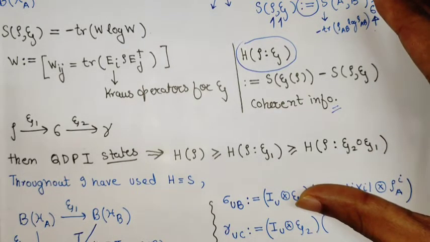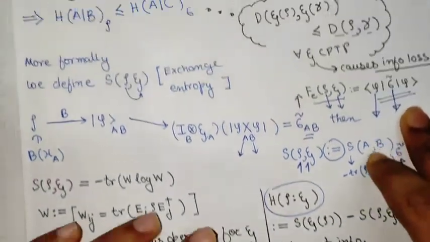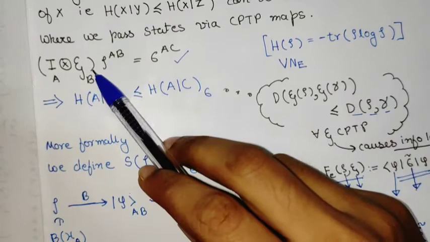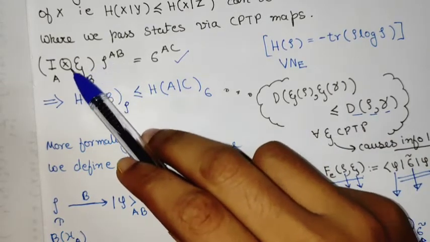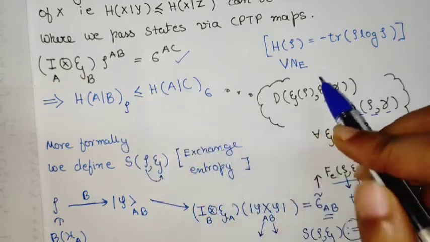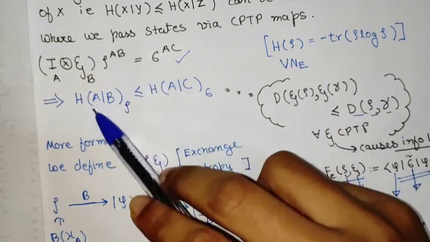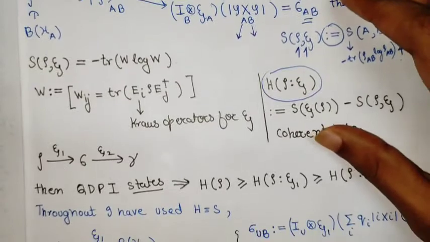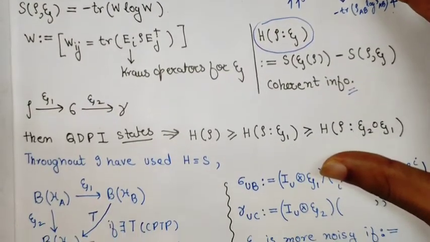to that of the classical data processing inequality, because this kind of single channel data processing inequality, where you are applying locally, is not what was present in the classical case. So this is an equivalent formulation, but also another kind of formulation.